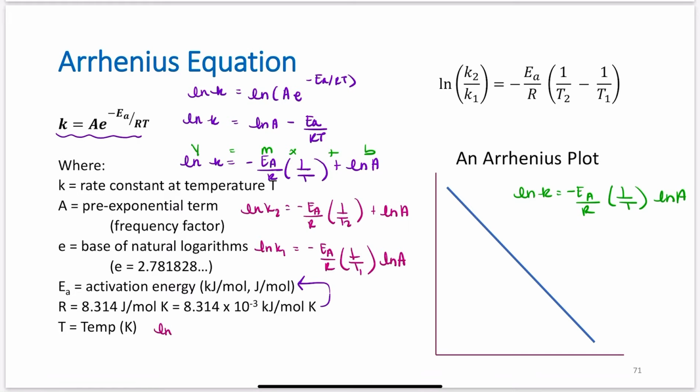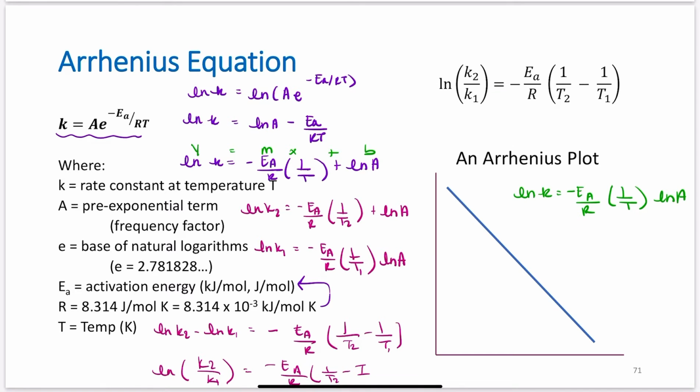If I take the natural log of k2 minus the natural log of k1, this would be equal to E sub A over R times 1 over T2 minus 1 over T1. It's the same as saying natural log of k2 over k1 equals negative E sub A over R times 1 over T2 minus 1 over T1. And I apologize, this is so messy on this slide. But that's how I get the two-point form.